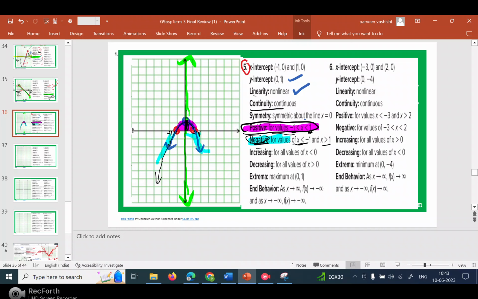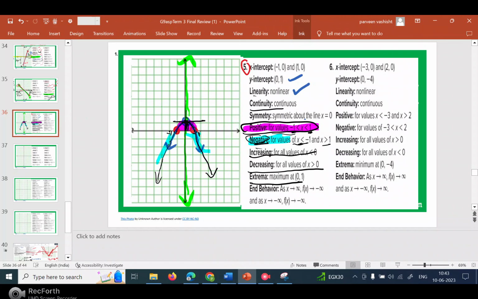If I move like this, it's going up, so increasing, and it is decreasing for all values greater than 0. So greater than 0 it is coming down, a decreasing graph always.